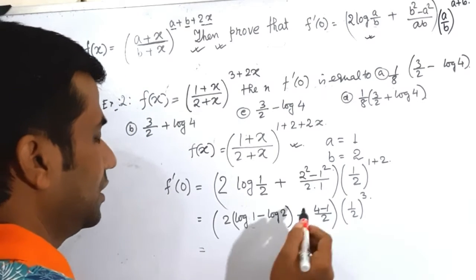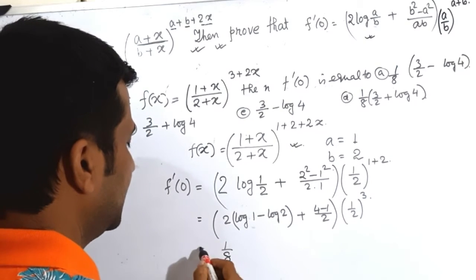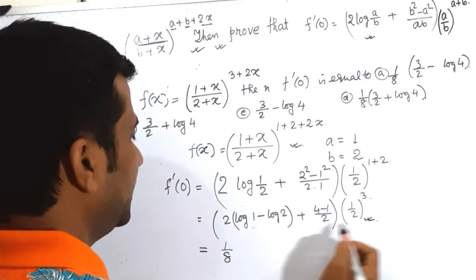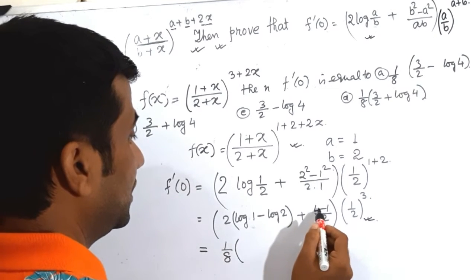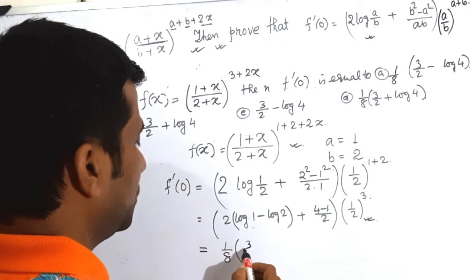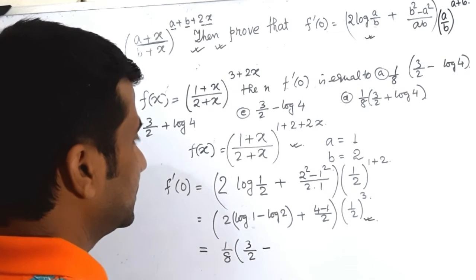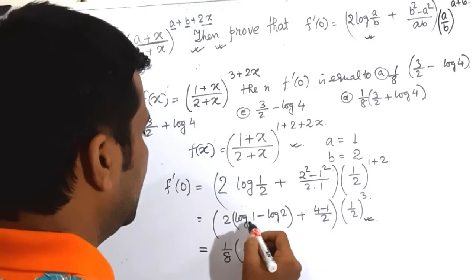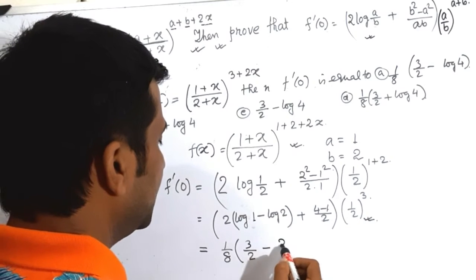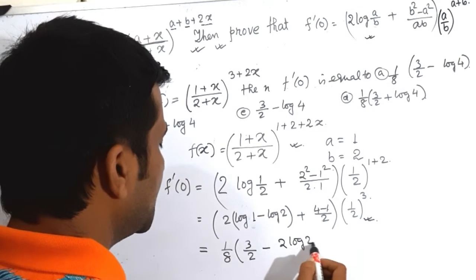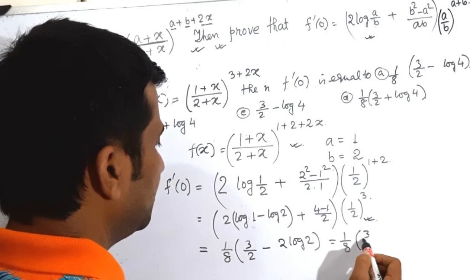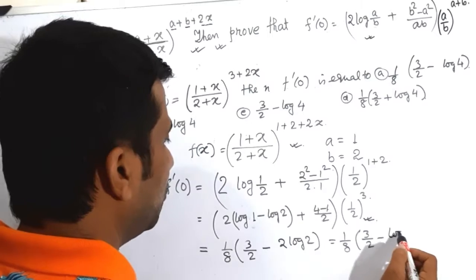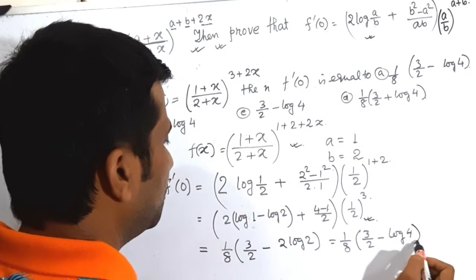That means this is 1/8, this is 1/8, and this is 3/2 minus log 1 means 0, then 2 log 2, that means 1/8 (3/2 minus log 4).